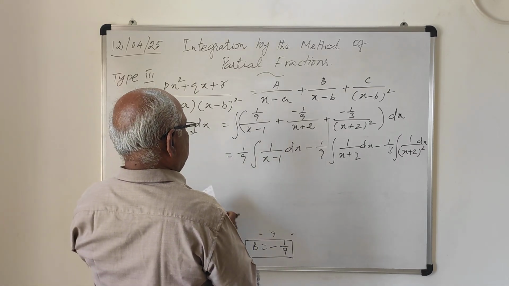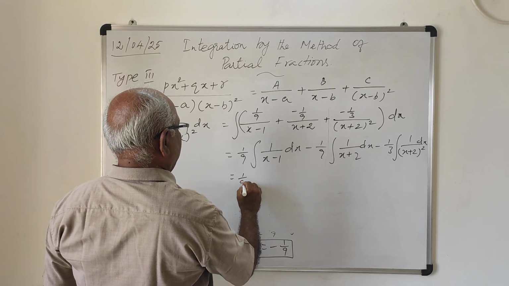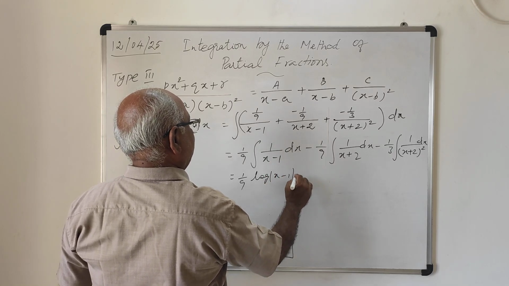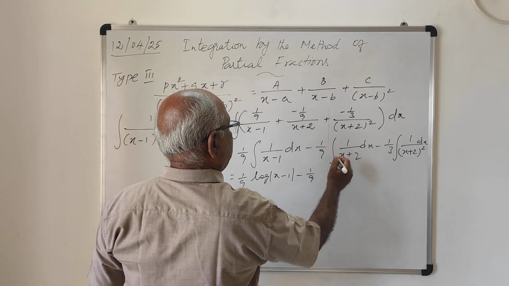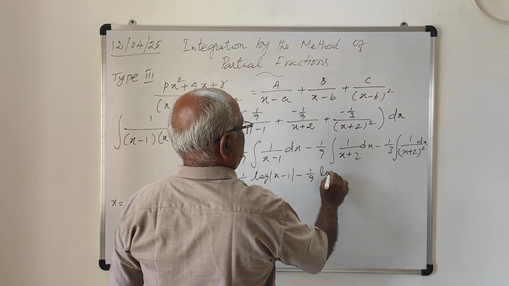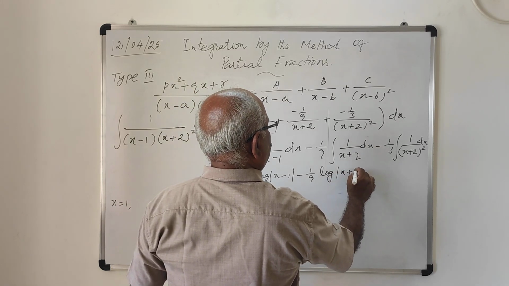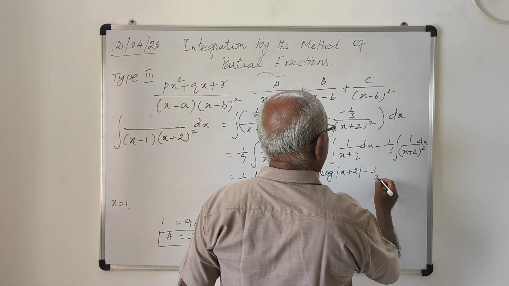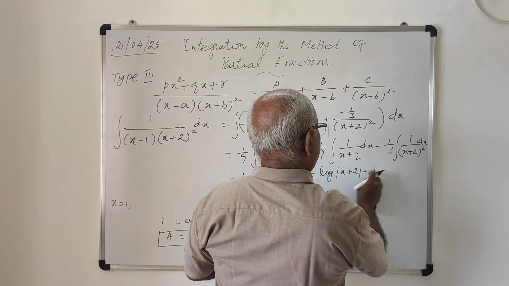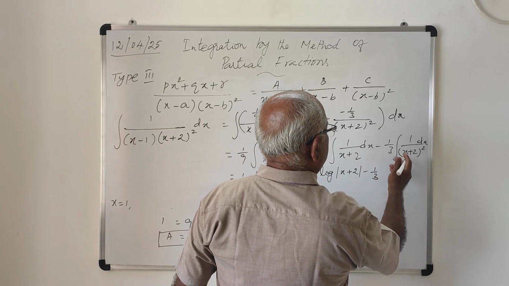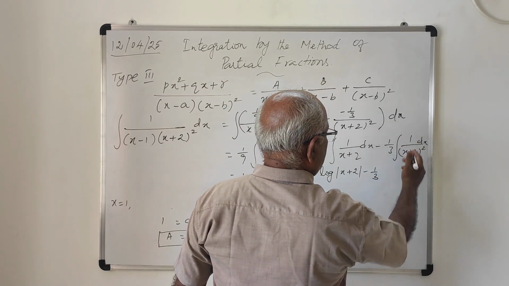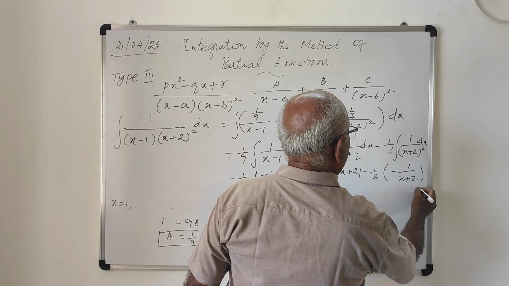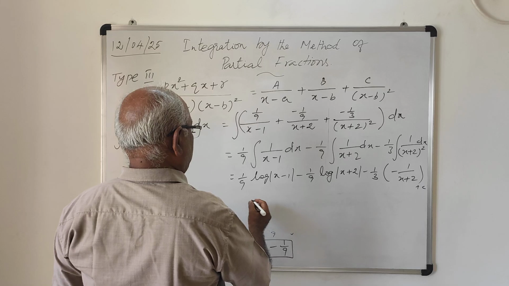So this is 1 by 9 into integral 1 by x minus 1, which is log of x minus 1, minus 1 by 9 into integral 1 by x plus 2, which is log of x plus 2, direct results. Similarly, minus 1 by 3 into integral 1 by x square is minus 1 by x. Therefore, minus 1 by 3 into integral 1 by x plus 2 whole square is minus 1 by x plus 2, plus c. So this is the answer.